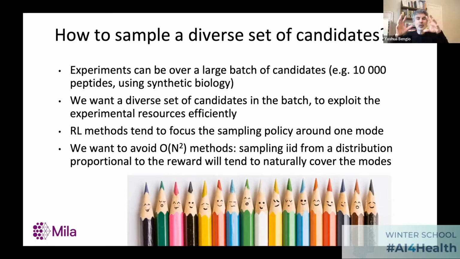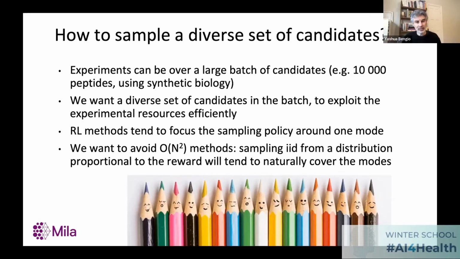If our distribution is focused in one place, like it's unimodal, one Gaussian, there's really one type of solution and little variation. That's not good for us. So we want a generator designed so that it covers all the possible good places, all the modes of the reward function. The reward function is the function that we want to be high, so we want to generate in all the places where the reward is high.